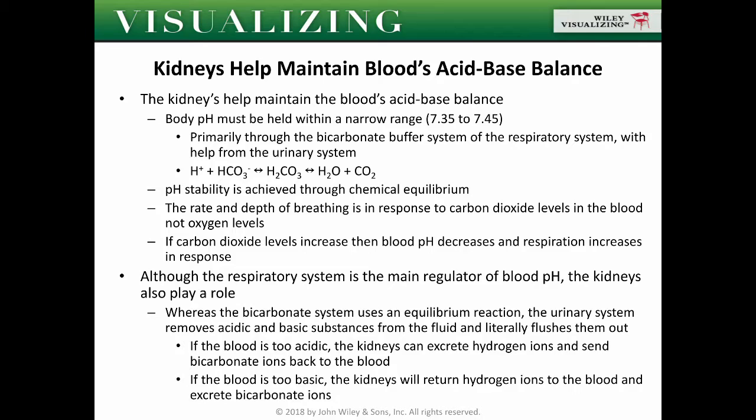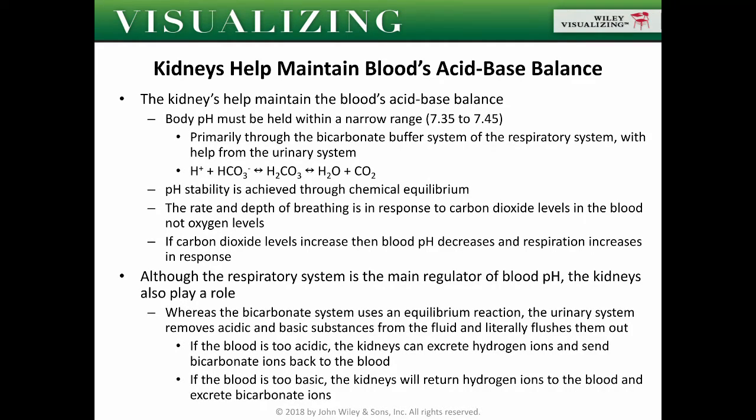For the kidneys, whereas the bicarbonate system uses an equilibrium reaction, the urinary system can directly remove the acidic and the basic substances in the fluid by literally flushing them out. If the respiratory system has to rely on the carrying capacity of the bicarbonate buffer system, the kidneys can just directly flush out the excess acids or even the excess base in our blood.